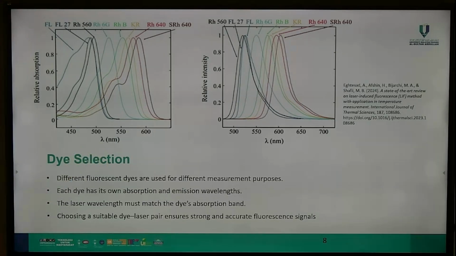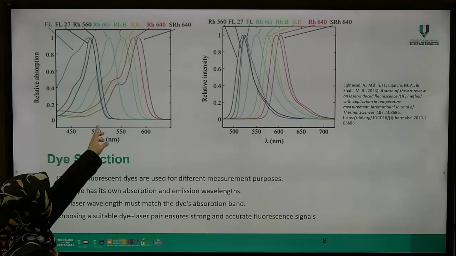So you need to have a laser in the same range, as close as you can be, so that it can absorb the energy maximally and be excited to a longer wavelength, so it can fluoresce maximally.